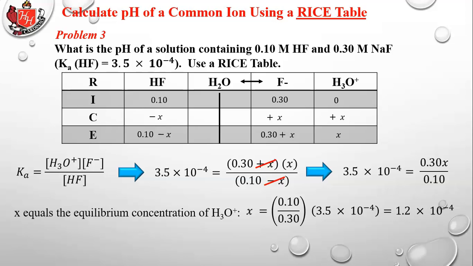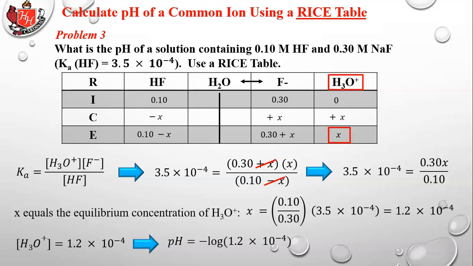Since X equals H3O+ at equilibrium, the H3O+ concentration equals 1.2 times 10 to the negative 4. So to get the pH, it's the negative log of 1.2 times 10 to the negative 4, and that equals 3.93. Okay, so that's the calculation of a weak acid and its conjugate weak base, not necessarily in equilibrium, just what you were given to work with there.